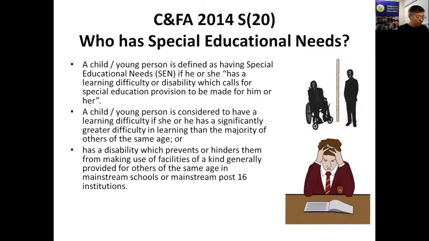A child or young person who has a specific learning difficulty, such as those with dyslexia, dyscalculia, or autism. These people have difficulty in specific areas of learning, while still being able to reach milestones of the same or above level expected from their non-disabled peers of a similar age.